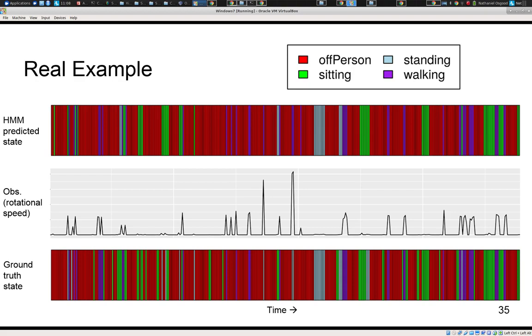And what we found is, well, it's pretty good at predicting things in general. So in fact, most of the time it gets off person, gets these sojourns, for example, to walking most of the time, etc. But there's some big mislabelings here.